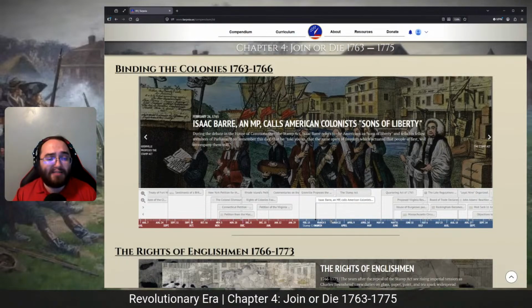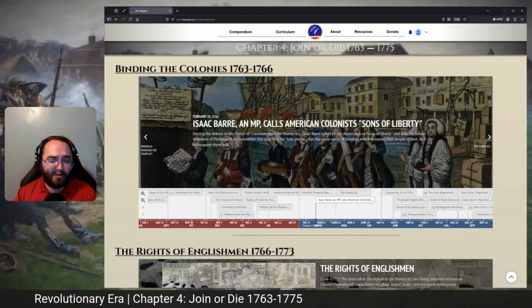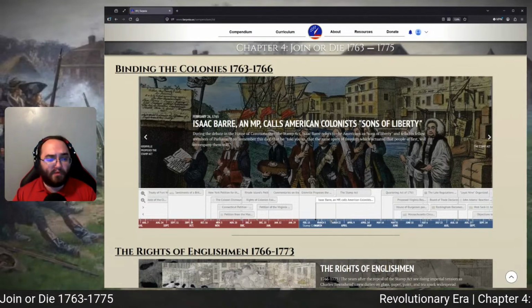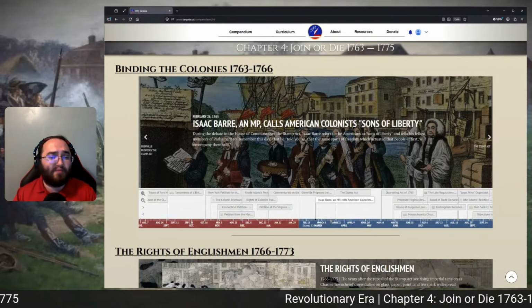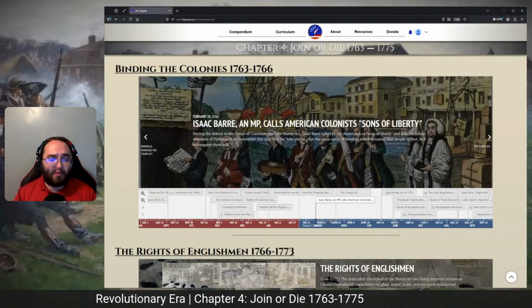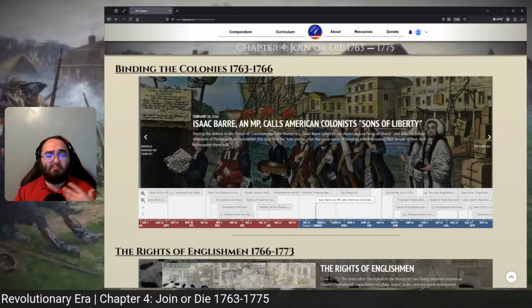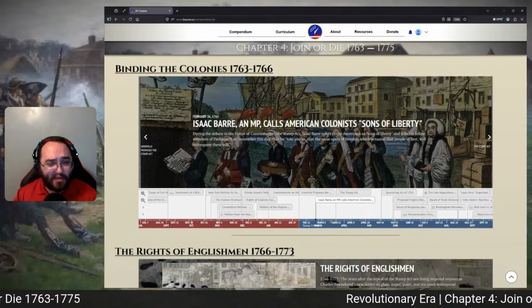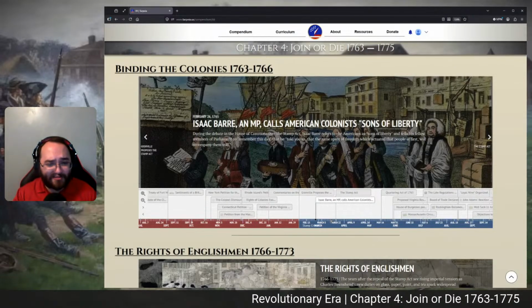So Parliament itself was very divided. That is an aspect of this time period that most educators, most teachers leave out. Parliament was not 100% on board with all these policies. The Stamp Act just barely gets passed, and it quickly gets repealed before it even goes into effect.